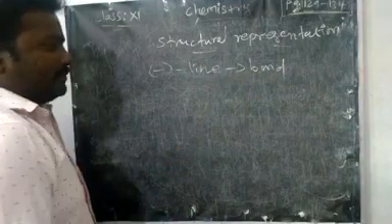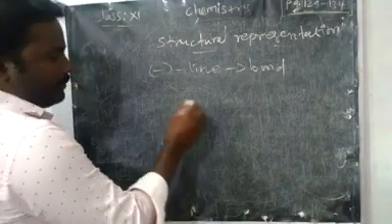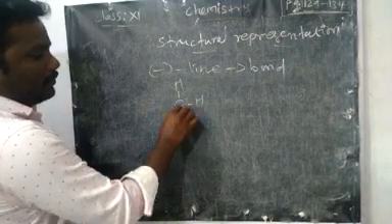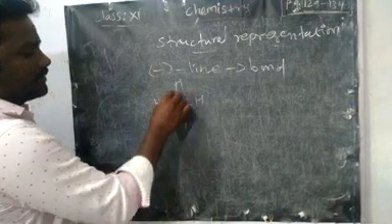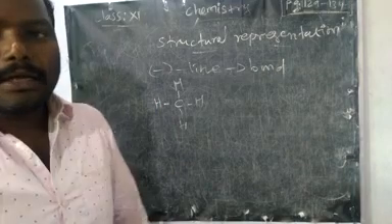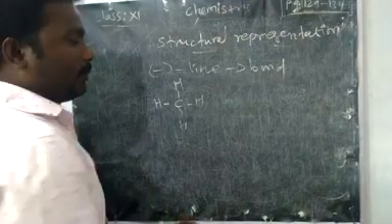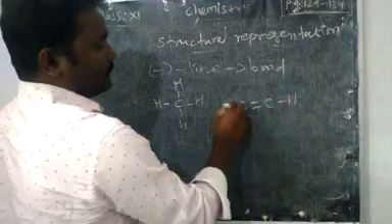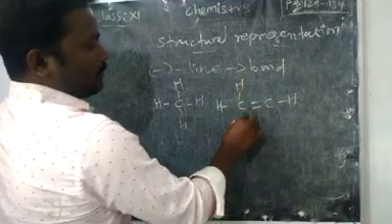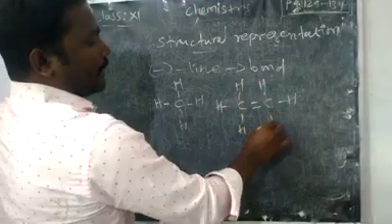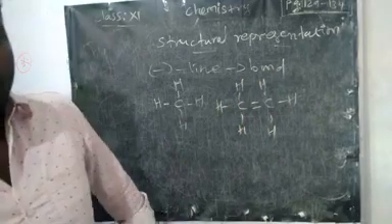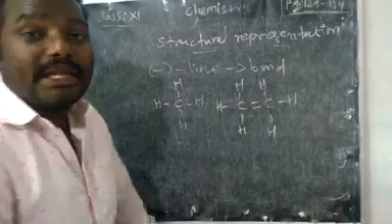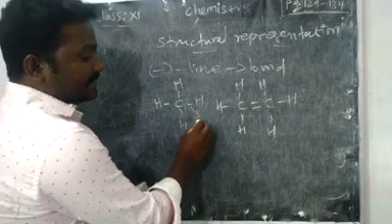So how do you write? For example, you can write propanol or methane. All the bonds you should write like this. And is there any double bond? We can write like this. Here you must know, right? A single bond has a unique name, that is nothing but sigma bond.